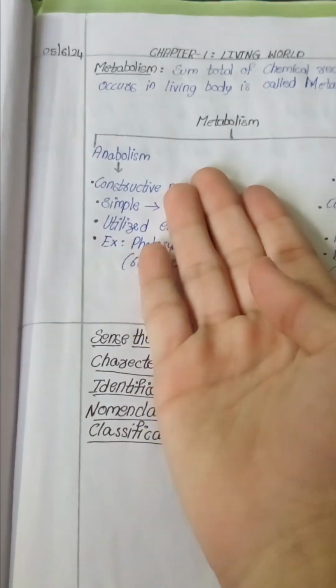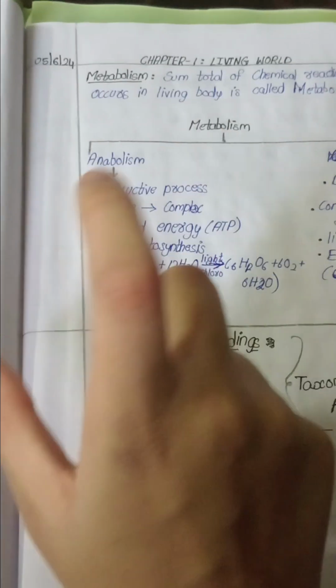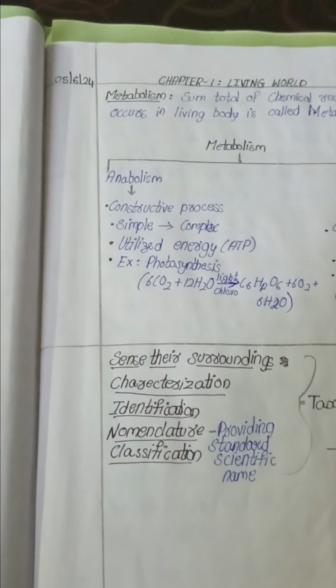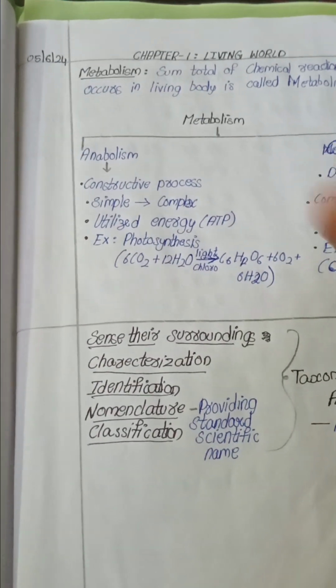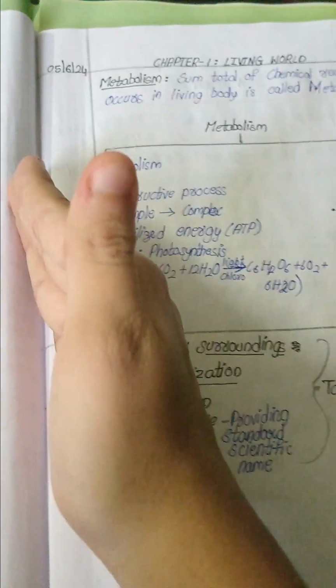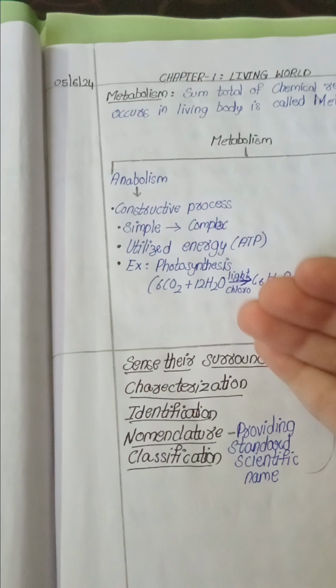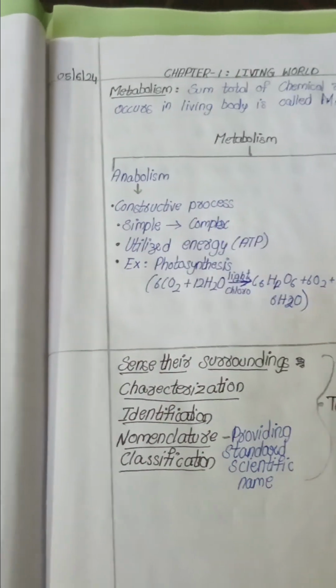Hence it is a constructive process, and it goes from simple to complex. The simpler particles get attracted to each other and form complex particles. It utilizes energy, meaning it doesn't give energy, it takes energy in the form of ATP.